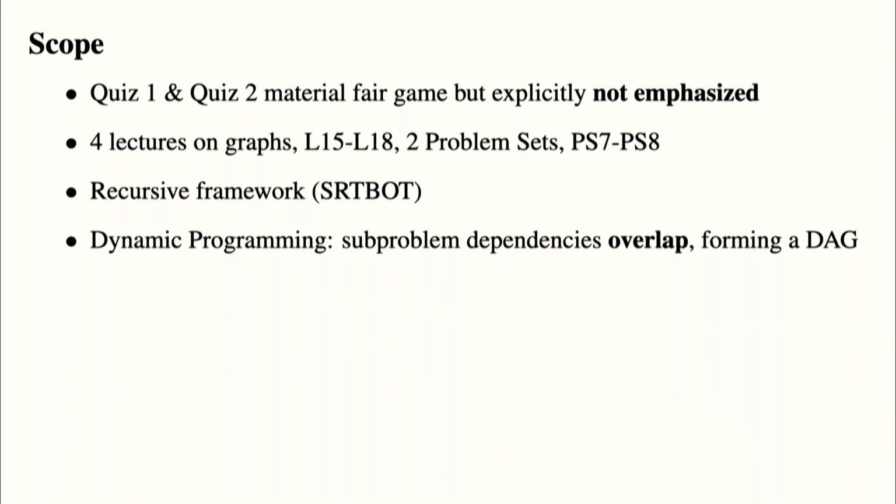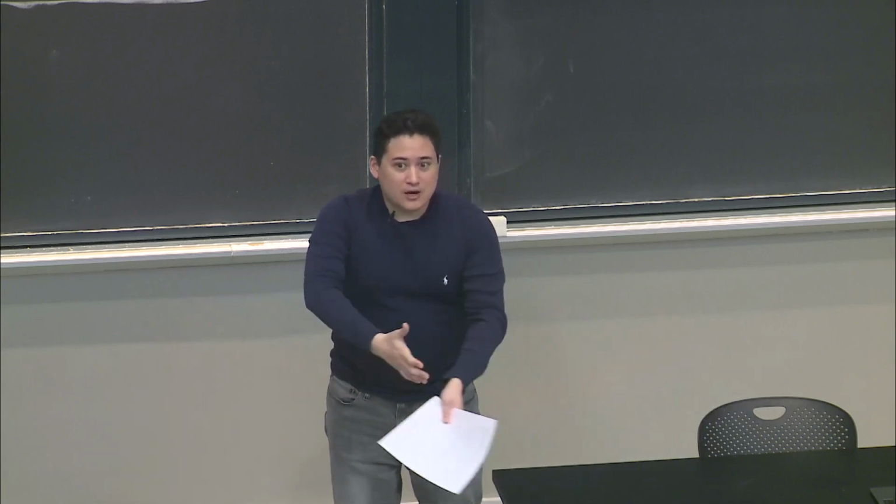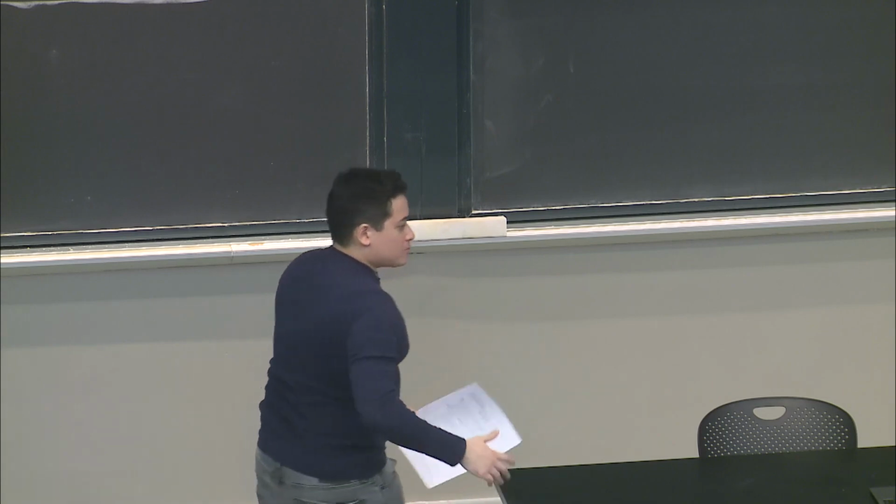And essentially, instead of looking at it as a tree of recursive calls that may call the same problems more than once, we look at it by collapsing those nodes of the same value down into one. We get a DAG, and dynamic programming is when those subproblems overlap.